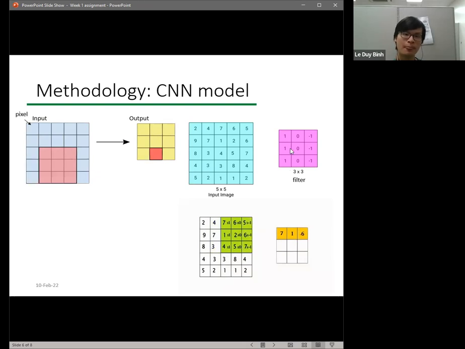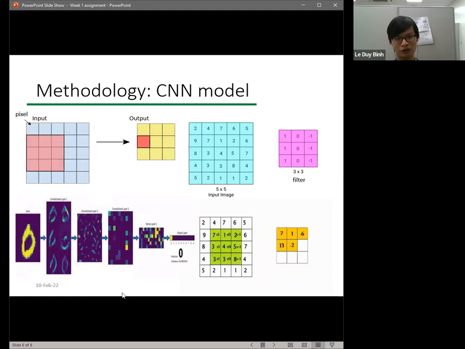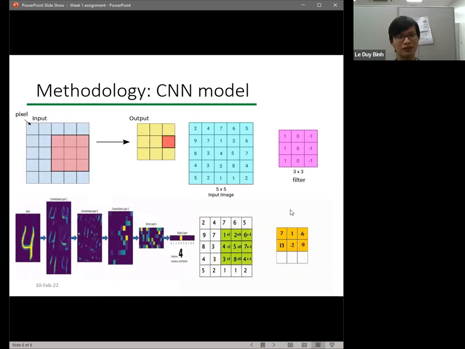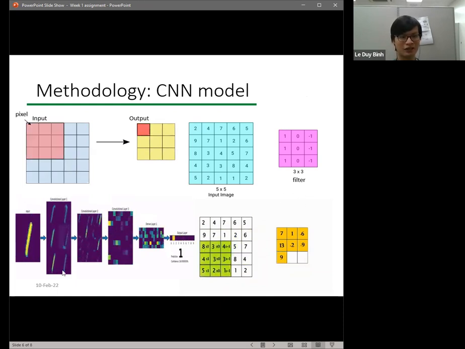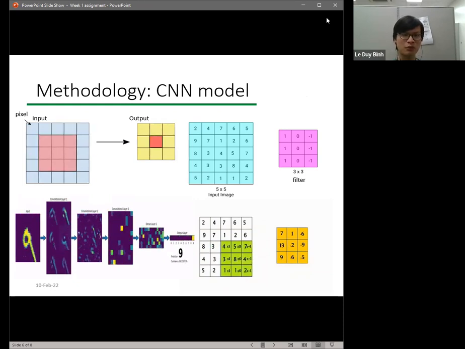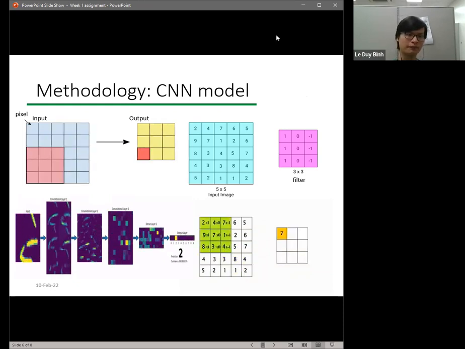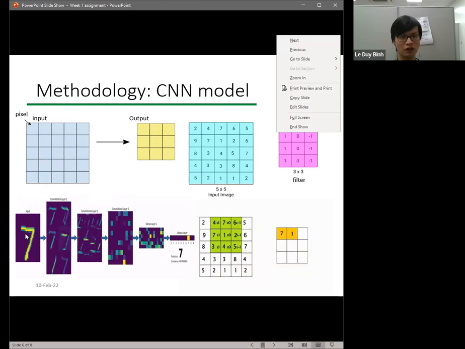So let's say we are trying to detect a handwritten digit. By applying many different types of filters, we can detect the lines of the figure. Let's say we are trying to detect the number 7, which consists of a horizontal line and an oblique line.